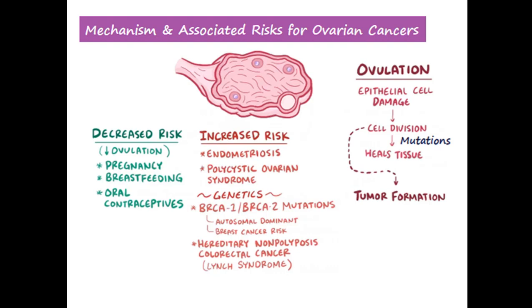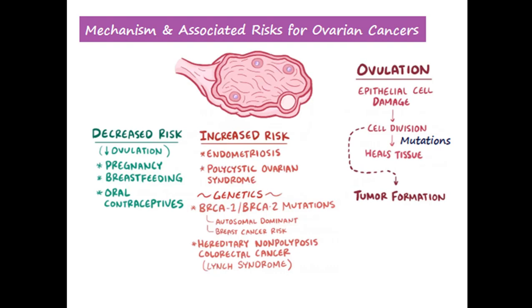Later on, the healing process starts to heal these ruptured follicles, and there are cell divisions which are necessary for healing the ruptured follicles. And as you know, cell division itself provides a risk for mutations.